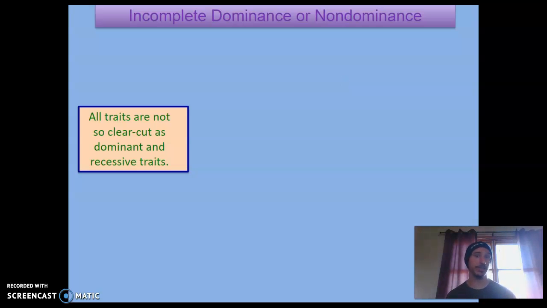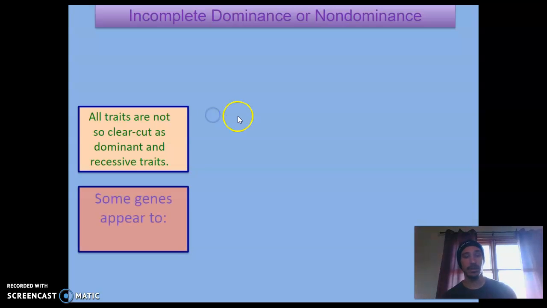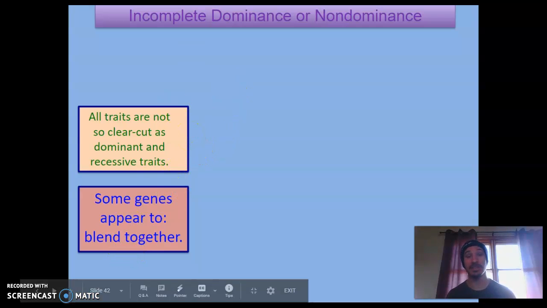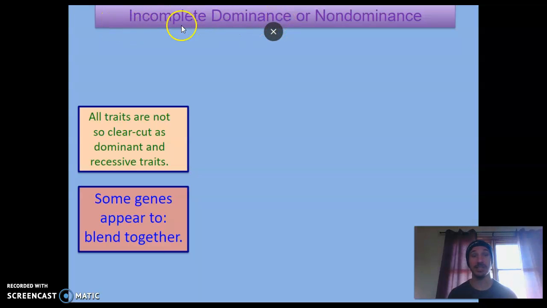Although there are some that are, some genes actually appear to blend together, right? Rather than seeing a clear-cut definition between this one is dominant over that one, we see a blending of genes and a blending of phenotypes.